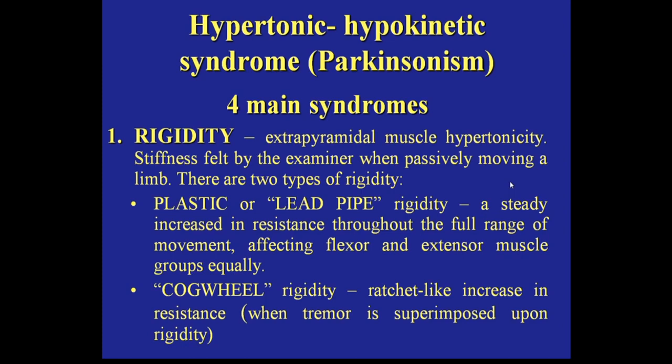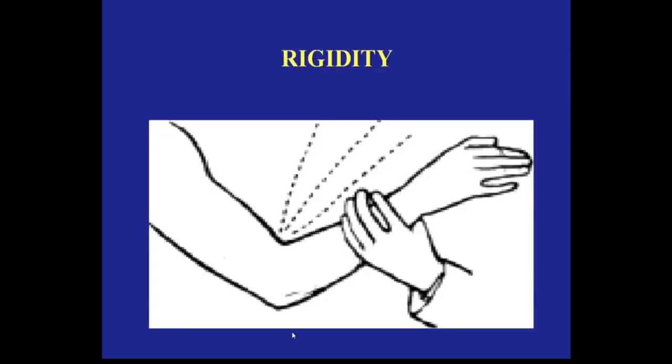In case of rigidity, patients have equal distribution of muscle hypertonicity throughout the full range of movement, affecting flexor and extensor muscle groups equally. The second is cogwheel rigidity, a ratchet-like increase in resistance when tremor is superimposed upon rigidity, like on the picture.